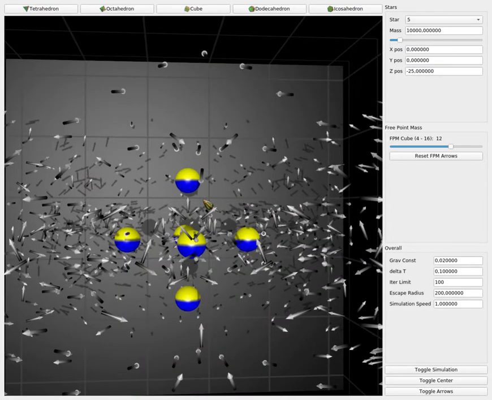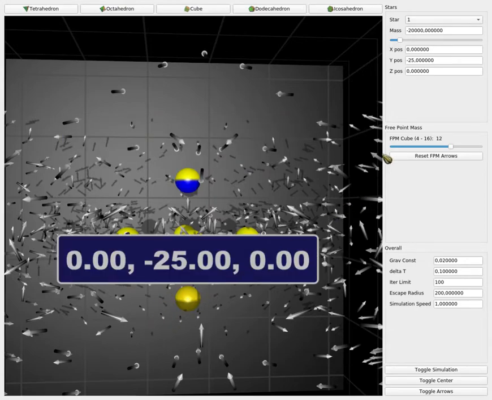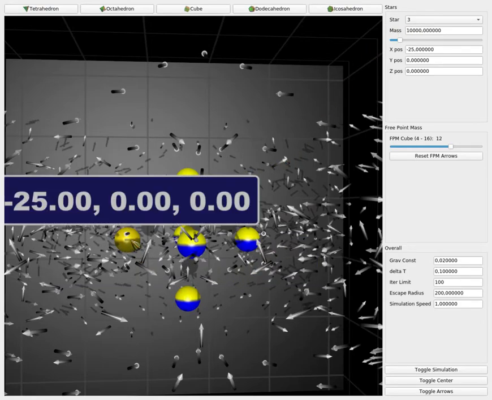Some of these stars have negative masses, mainly this star here. You can see this is star 2, and it's got a negative mass of 20,000. And this star down here, star 1, also has a negative mass of 20,000. The rest of the stars, as you can see, have positive masses.